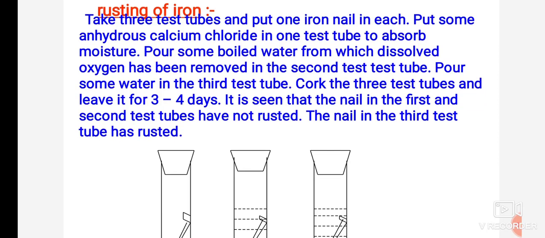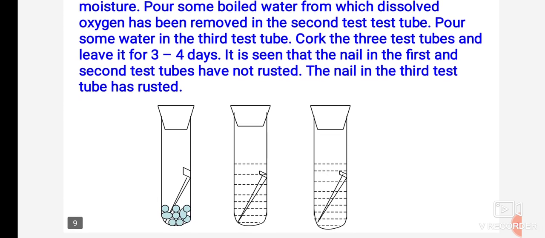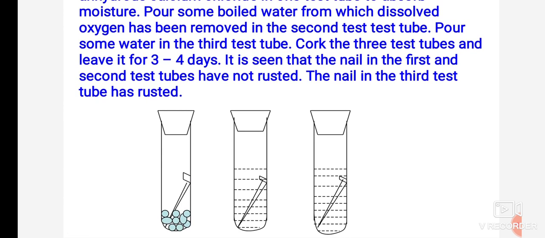It absorbs the moisture. And we have poured some boiled water, in which the dissolved oxygen has been removed, in the second test tube. And we have poured some water in the third test tube. In the third test tube, the iron nail is getting water and it is also getting air.